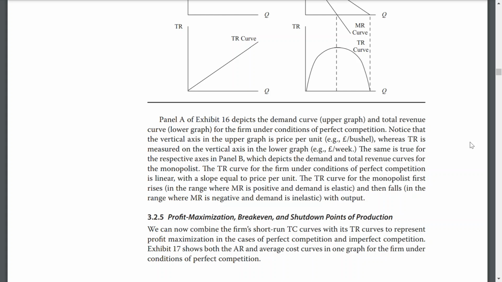The total revenue curve for the firm under perfect competition is linear with a slope equal to the price per unit. The total revenue curve for the monopolist first rises in the range where marginal revenue is positive and demand is elastic, and then falls in the range where marginal revenue is negative and demand is inelastic, with output.